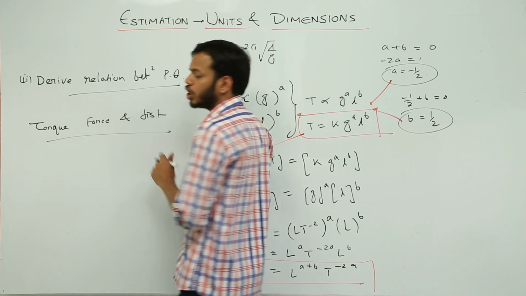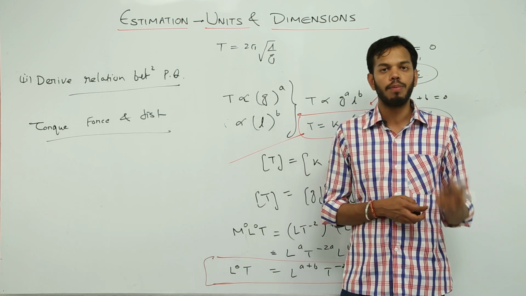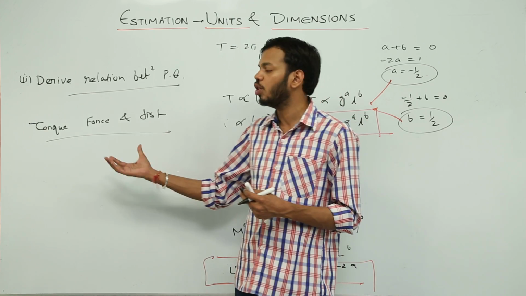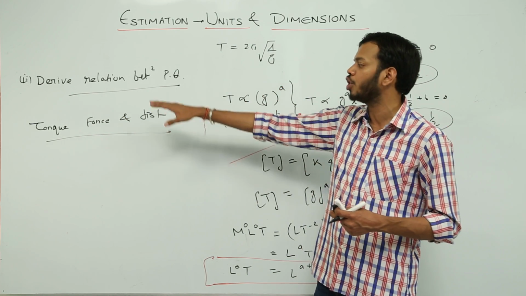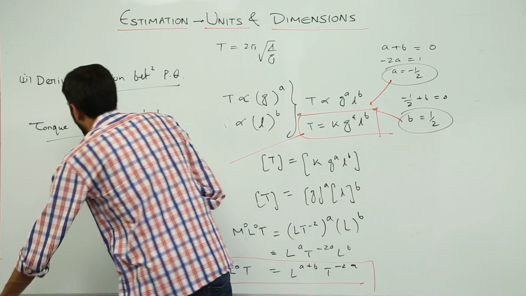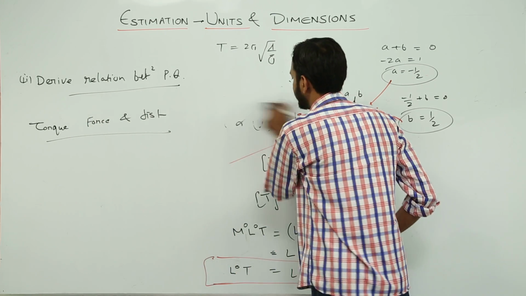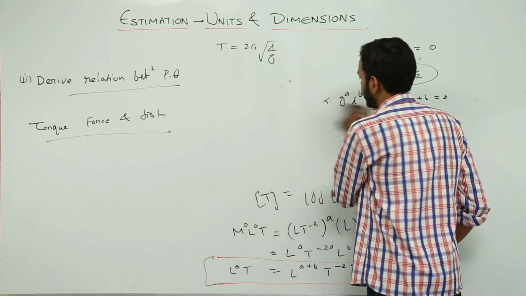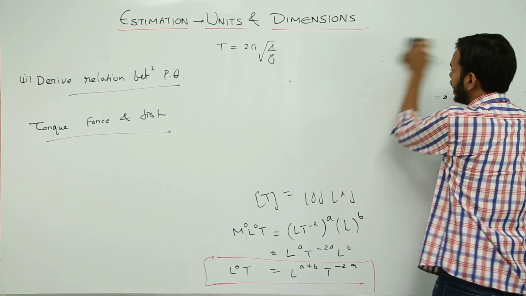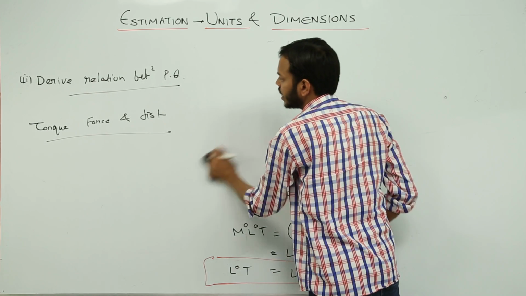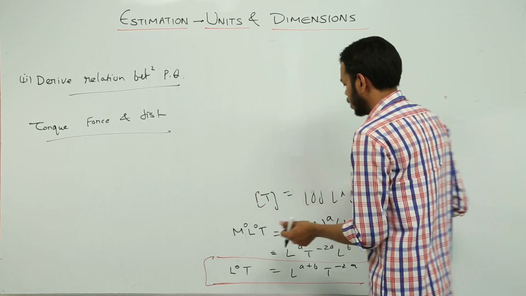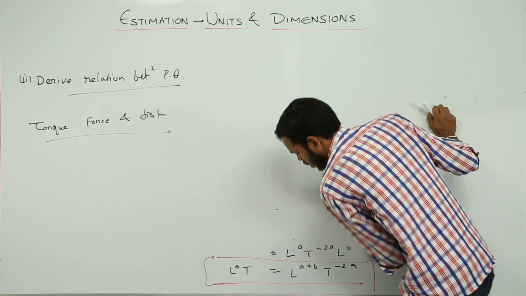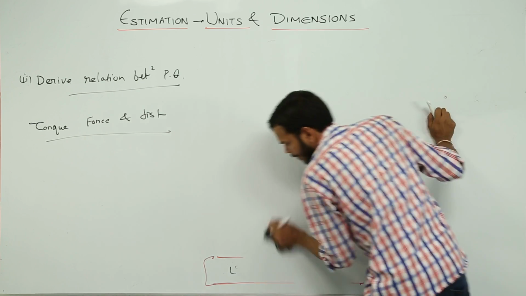Basically the whole statement was that the torque applied on a body depends on the force applied on the body and the perpendicular distance from the point of application of force. So we need to find a relation for torque in terms of length, basically the perpendicular distance, and force.